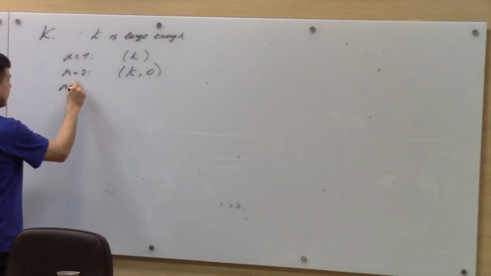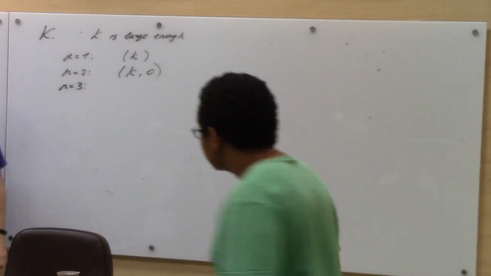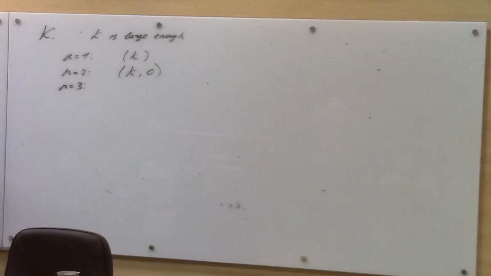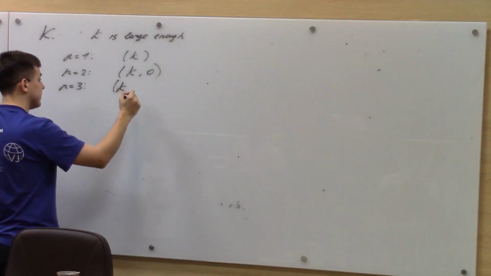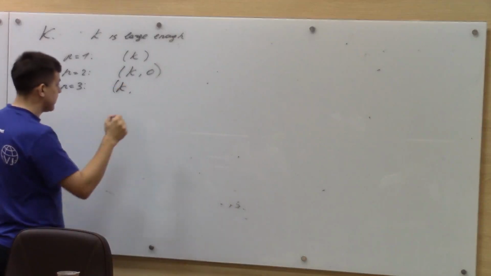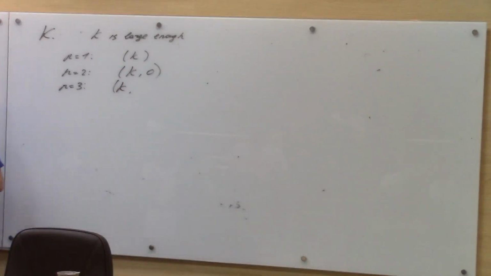So when n is equal to 3, now the interesting thing becomes, well, can the first player guarantee, can the first player take all the oranges himself? Why not?